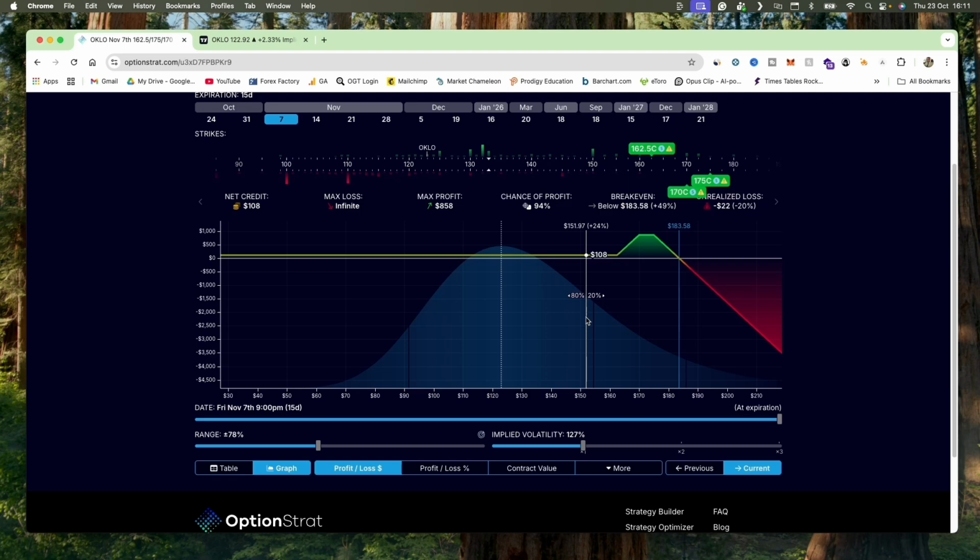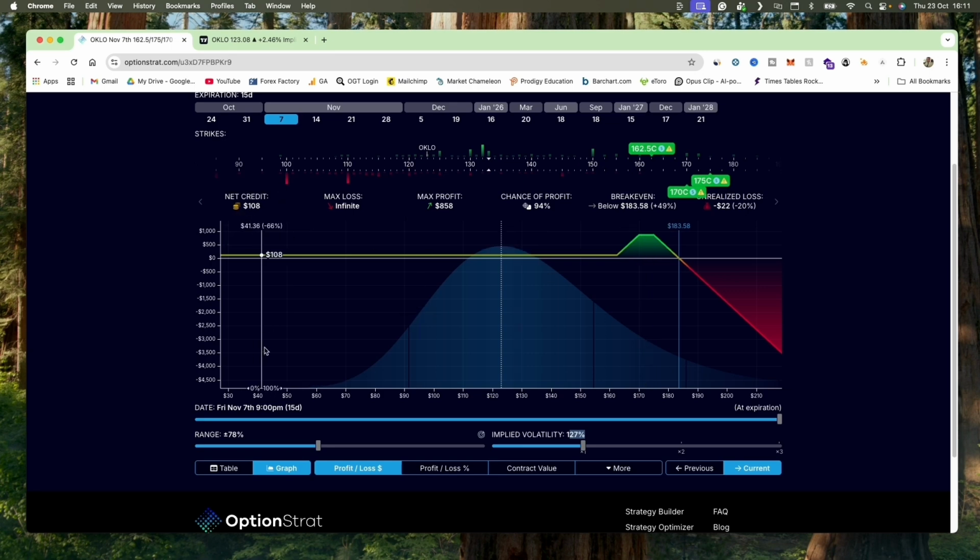To recap the video, this is the 111 3-legged trade, where I find high volatility stocks. You can see here the implied volatility is 127%, which is volatile. I'm able to go far out of the money, as it's called in options terms, to find trades where I'm still making a decent return.